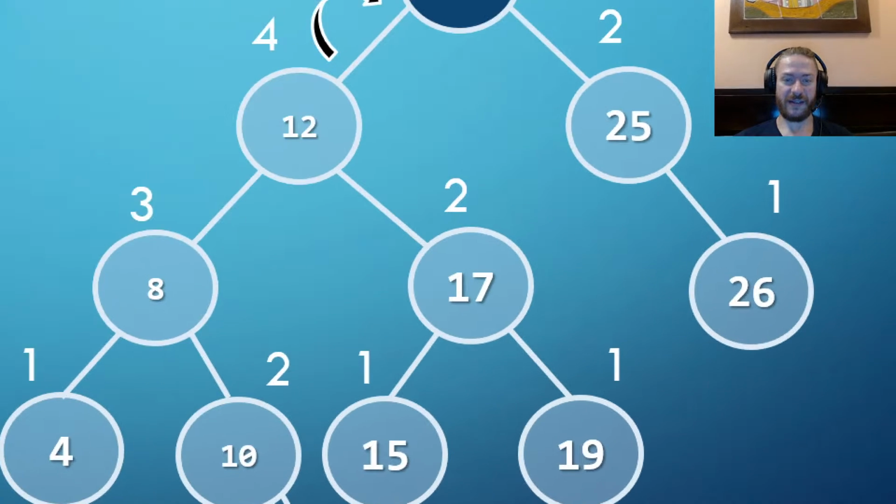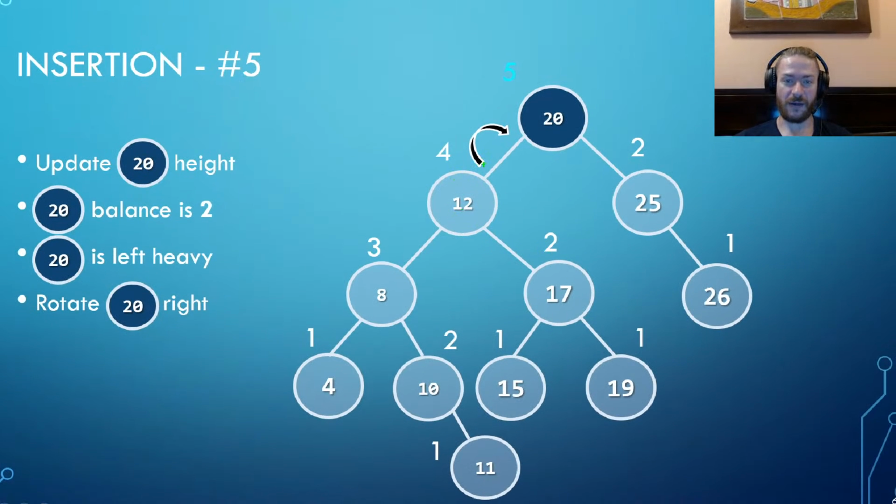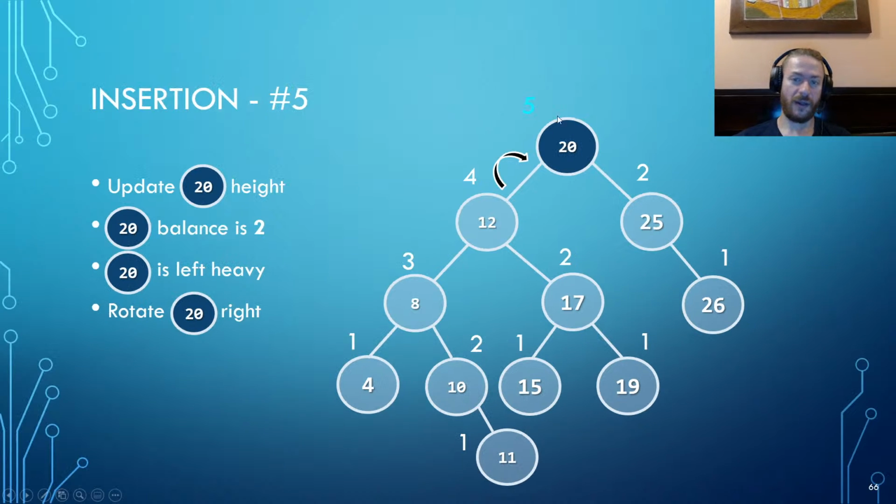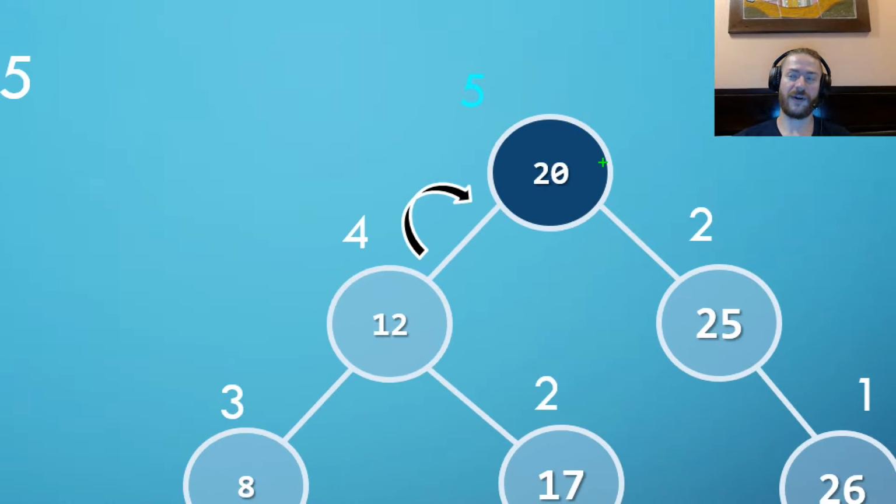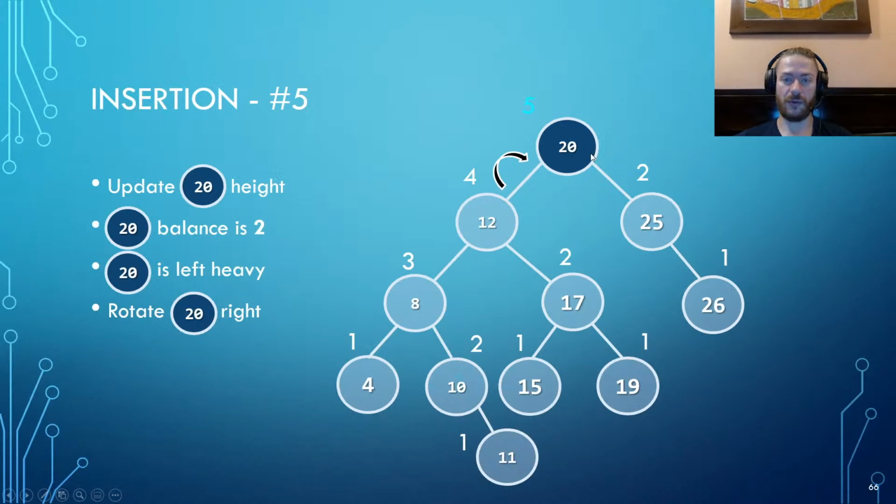Now we see that the AVL tree is imbalanced, because here we have 1, 2, 3, 4 levels, and here we have 2. 1, 2. So in terms of balance factor, this node is not correct because it will need to subtract 4 minus 2, which equals 2.